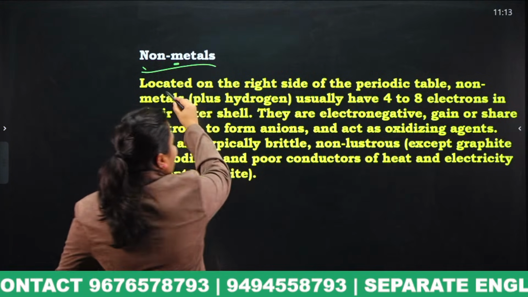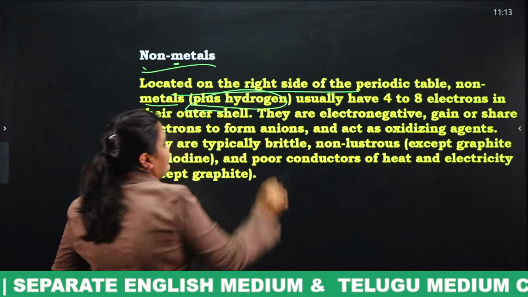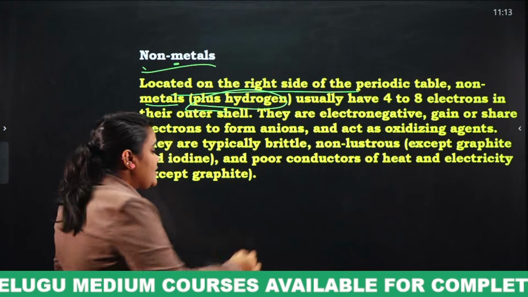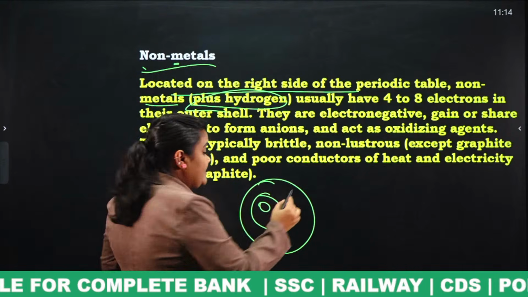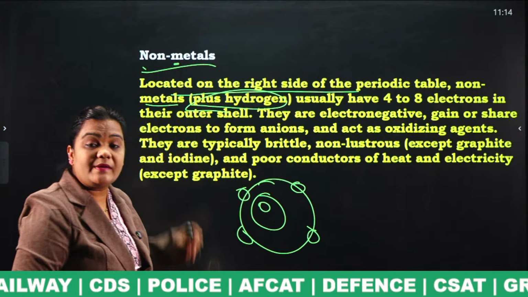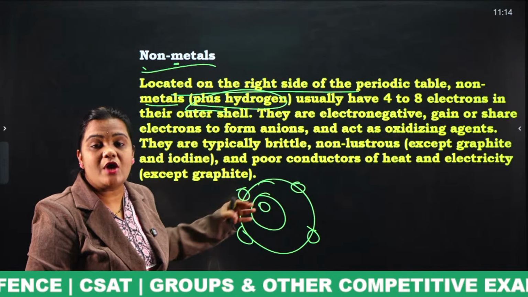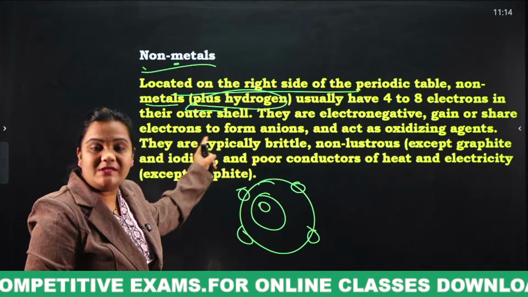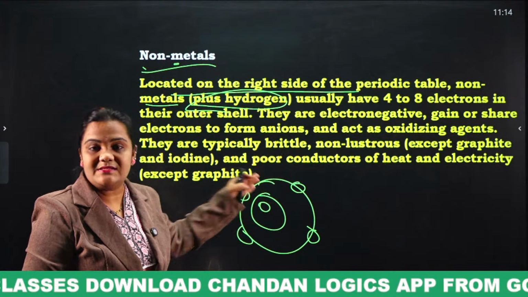Non-metals, located on the right side of the periodic table, plus hydrogen, usually have 4 to 8 electrons in their outer shell. You all know this is the outer shell, right? So for non-metals, this outer shell consists of almost 4 to 8 electrons. Remember this, very, very important. Metals have only 1 to 3 electrons in their outermost shells, while non-metals have 4 to 8 valence electrons.